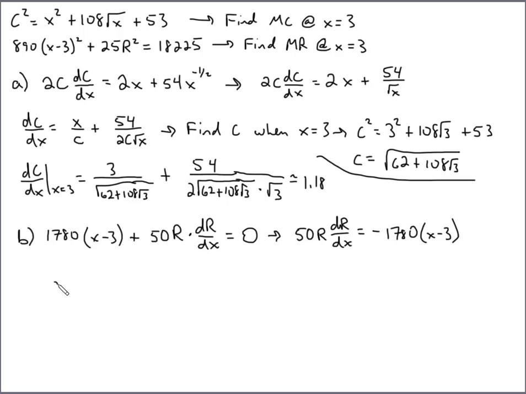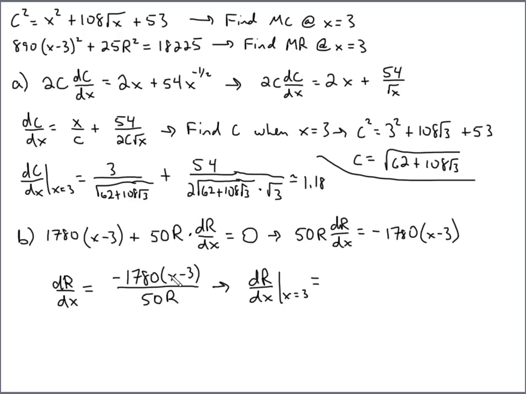So we'll get dr/dx is equal to negative 1780 times x minus 3 divided by 50r. Now fortunately this one's a little bit easier, because when we plug in x equals 3, look what happens. Well, plug 3 here, that's just 0, so this whole numerator is 0, and then the whole thing is just 0, so that's a nice easy one there. I'll just get 0 for that.